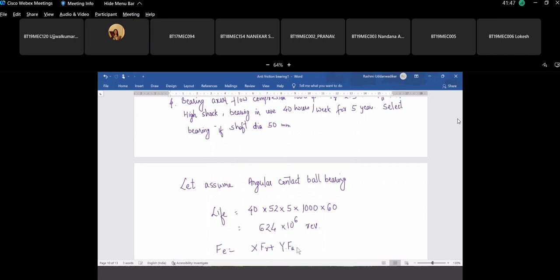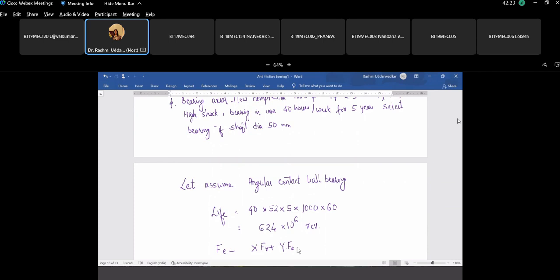Open PSG design data book for angular contact bearing. Now we have different series given: 72, 73, BG, 32, 33. These are all SKF series.